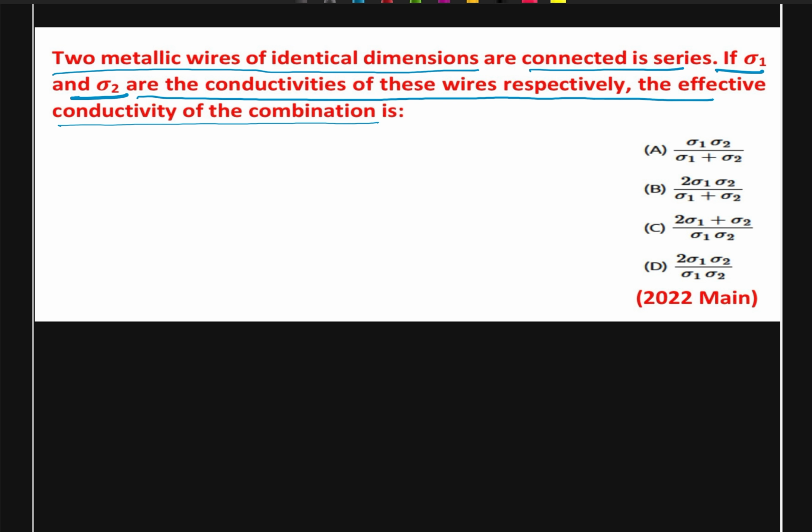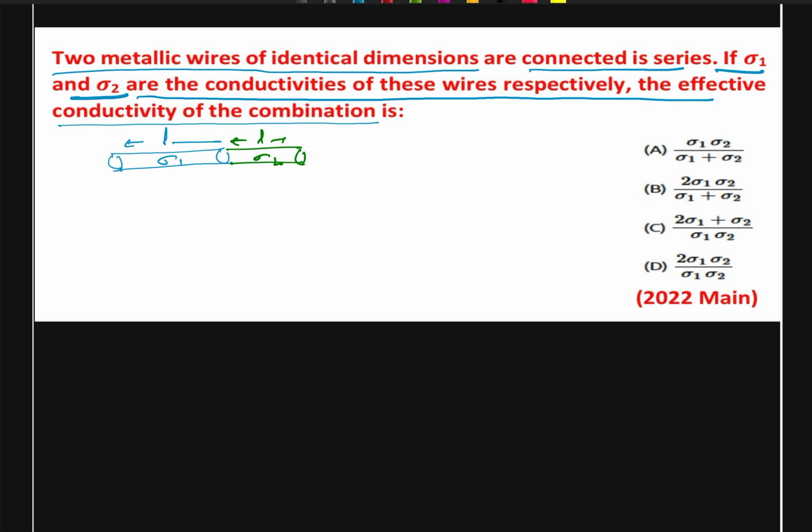So we have two wires, and let us suppose this is our first wire of equal length. So we have L as its length, and its conductivity, and we have the second wire whose length is also L and conductivity is sigma 2.